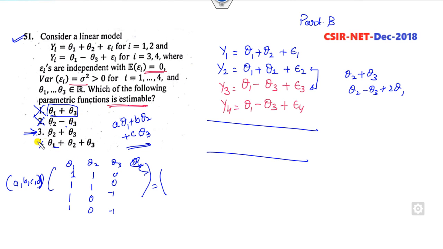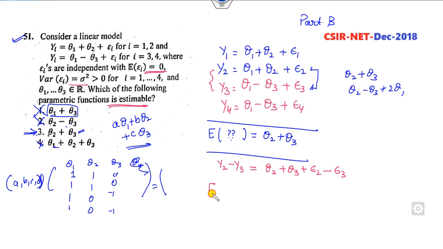And for the last one, your target is to find the values so that it comes out here. If you are able to find this value, then this is the right answer. Otherwise, we will look at the other answers. So firstly, how can you make it? Clearly, if I take y2 minus y3, it will be theta 2 plus theta 3 plus epsilon 2 minus epsilon 3.